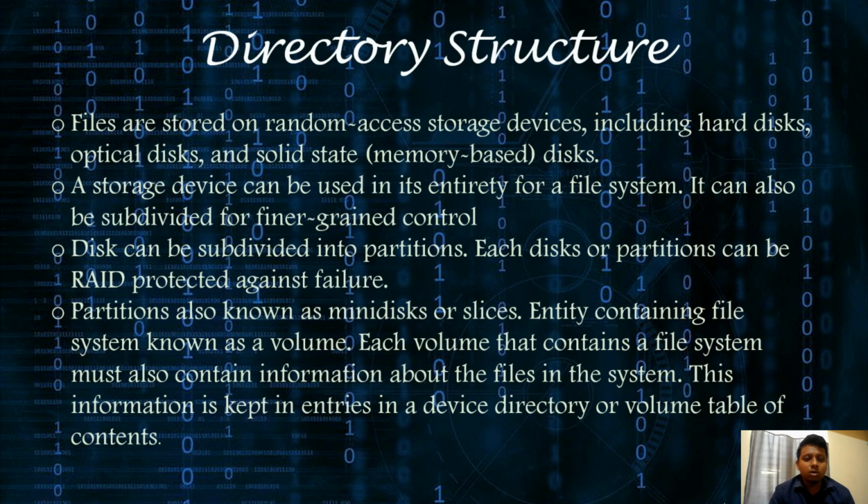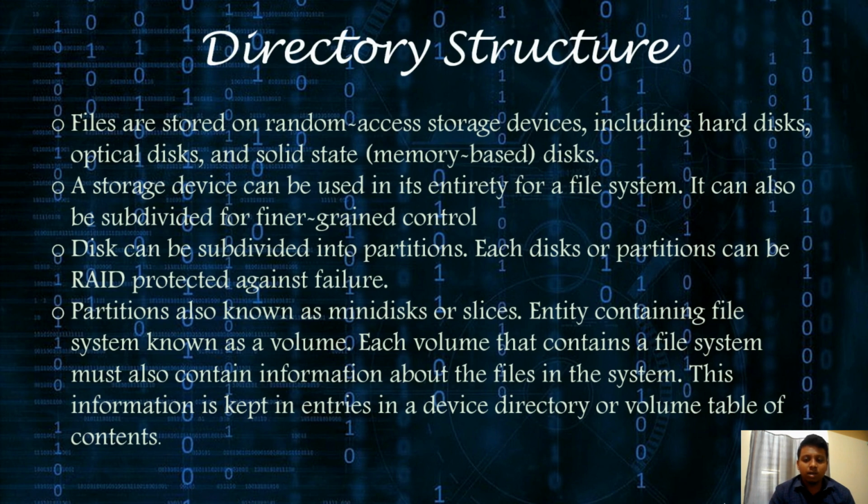It can also be subdivided for finer grained control. A disk can be divided into portions. Each disk or portion can be RAID protected against failures. Portions are also known as mini disks or slices. The entity containing a file system is known as a volume.